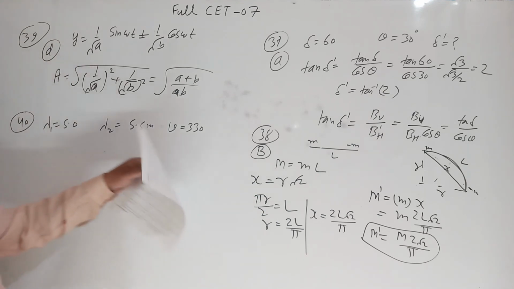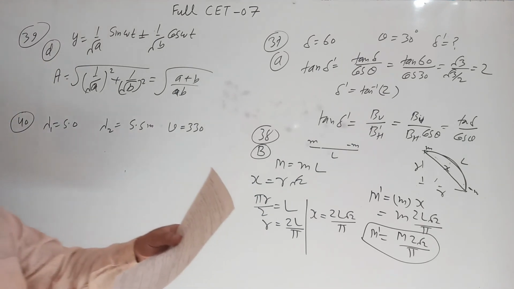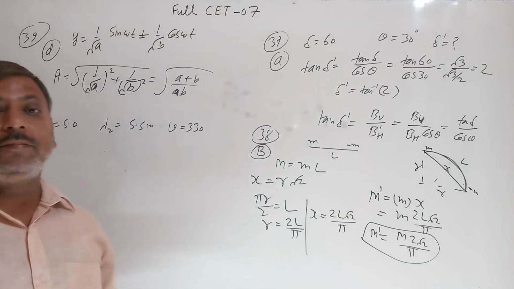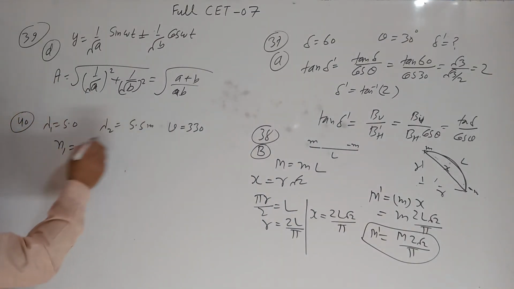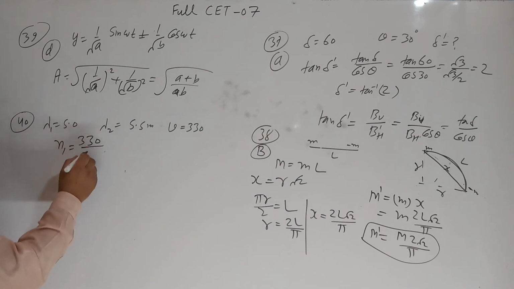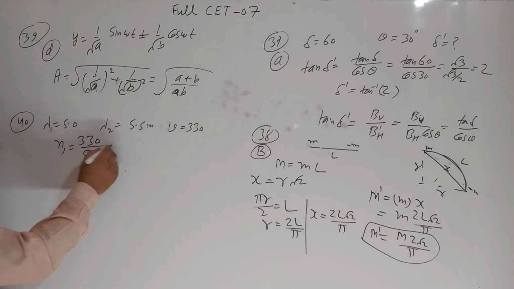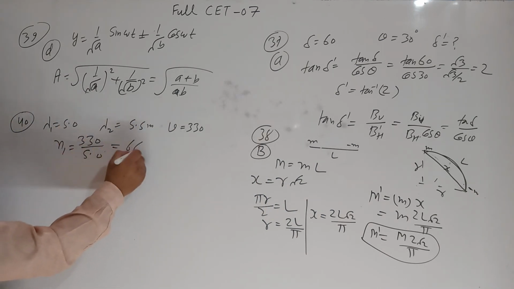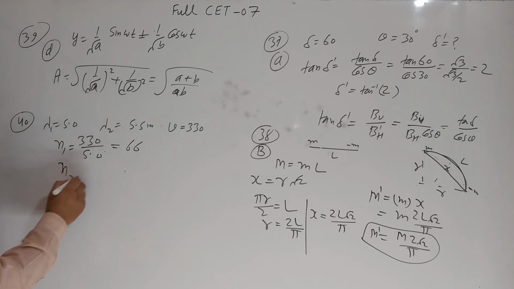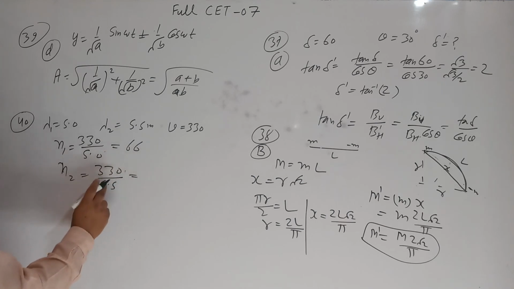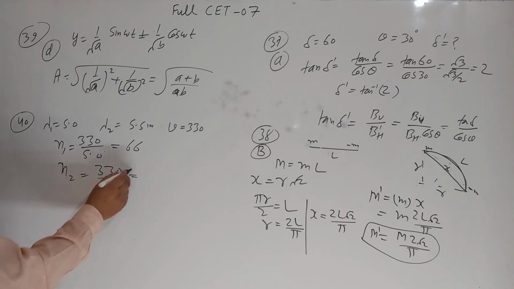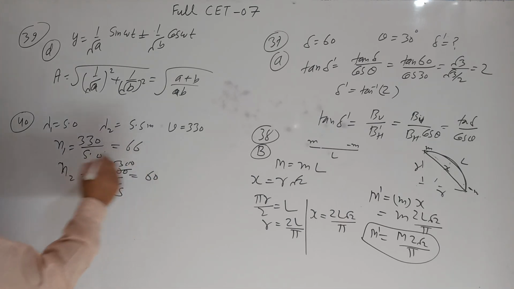Question 40: lambda 1, lambda 2 and the velocity are given. We are to find the beats per second. So frequency n1 is equal to v upon lambda, 330 upon 5, which is 66. n2 is the frequency 330 upon 5.5, which is 60.